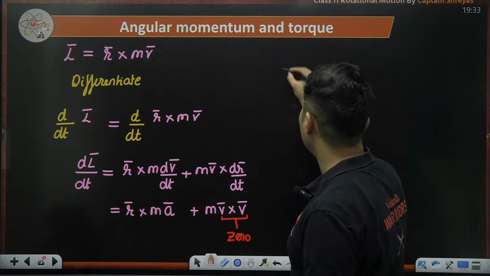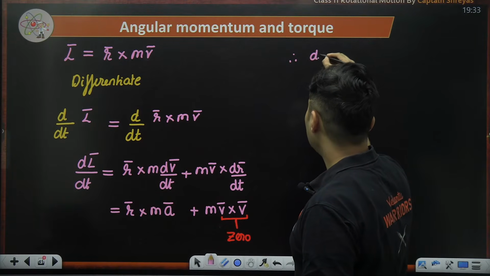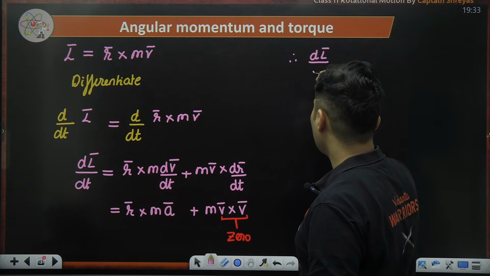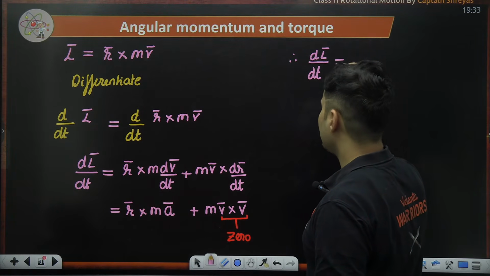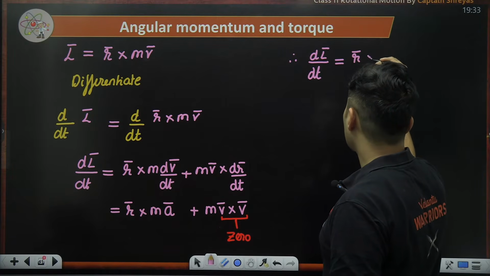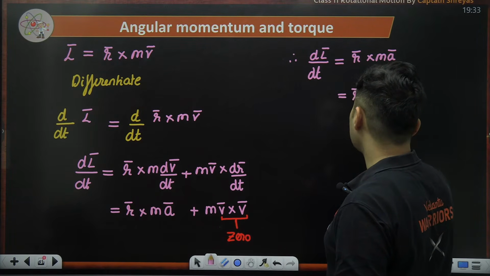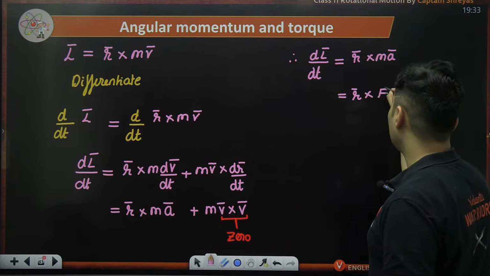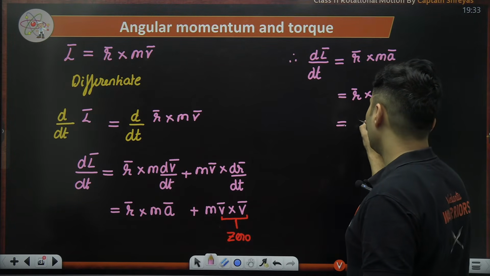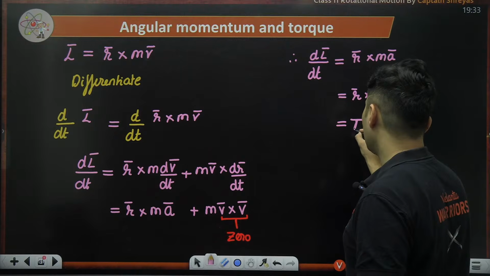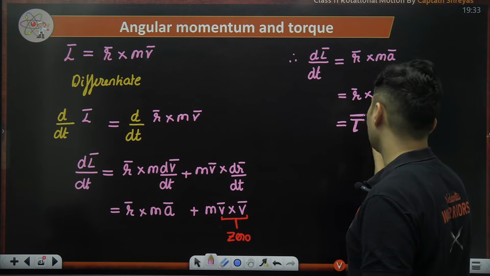So I am left with dL vector by dt equal to r cross mass into acceleration. But mass into acceleration is nothing but force, and r cross F is nothing but your torque.